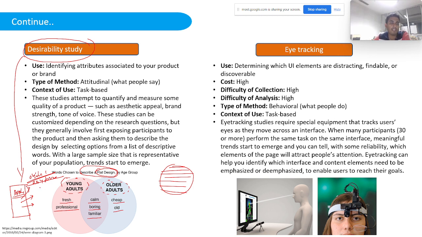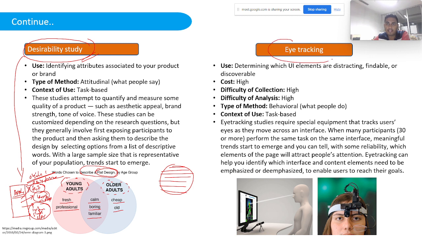People may give opinions like, for them easy to use means it is fast. Some people may say easy to use means fewer steps. Some people may say the information should be clear. So likewise we can collect attributes about a product using this sort of user study. So this is called a desirability study.